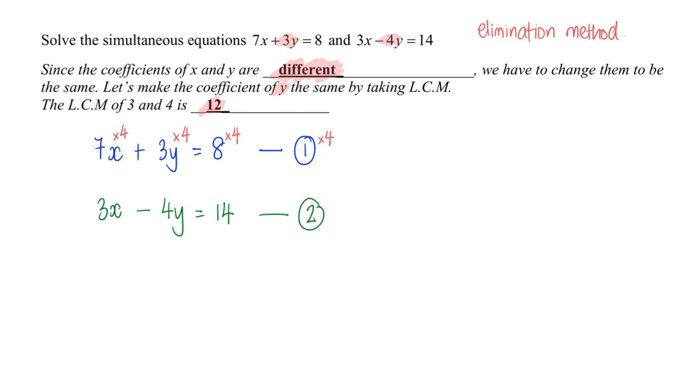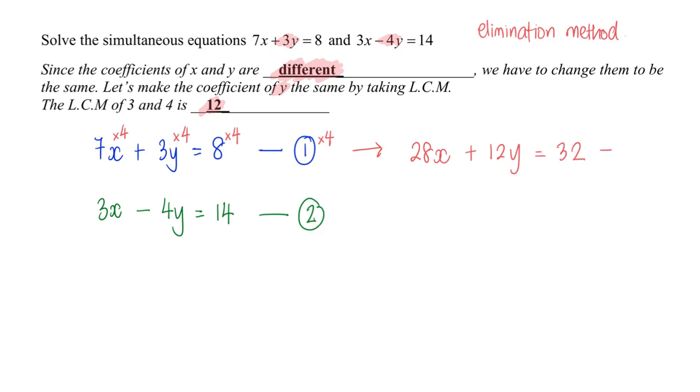So you can see that my first equation, I'm going to multiply by 4. And that will then give me, I'm going to write at the side, equation 1 multiplied by 4 to give me 28x plus 12y equals 32.